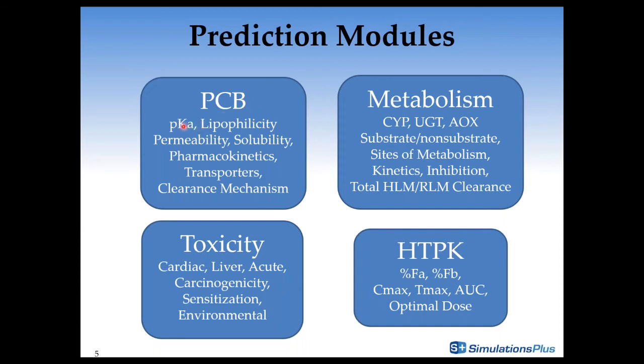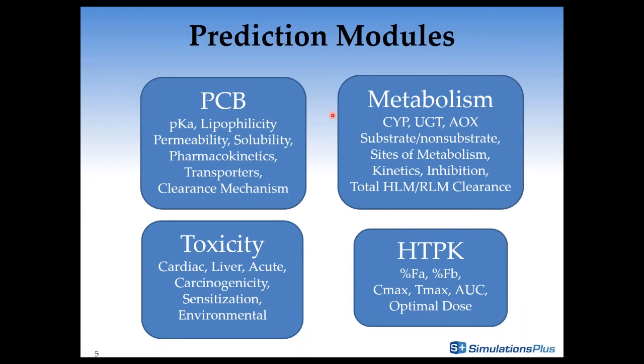It includes pKa, logP, logD, permeability through various tissues, solubility in various fluids, some pharmacokinetic parameters. There are transporter models. These are either substrate, non-substrate models or inhibition models. And there is a clearance mechanism model that predicts either metabolism, renal, or hepatic uptake.